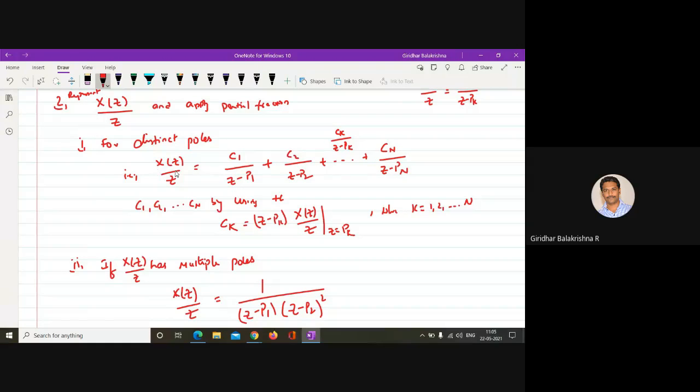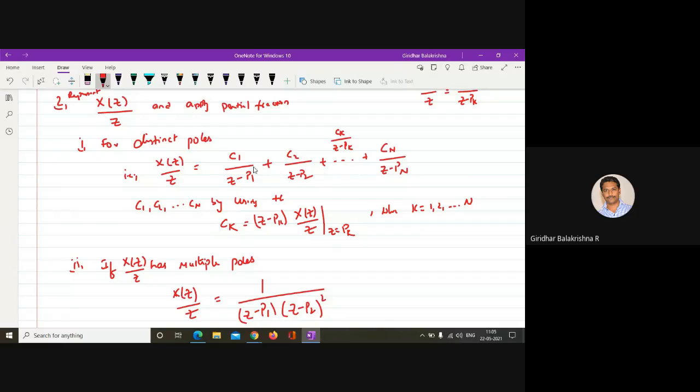Let us assume that X of z by z equals c1 by z minus p1 plus c2 by z minus p2 plus so on, cn by z minus pn. Like this, all the poles z minus p1, z minus p2, so on z minus pn are distinct or different poles. There is no relation between one and another.